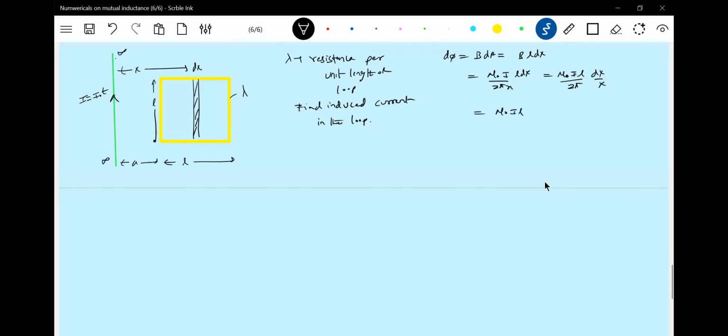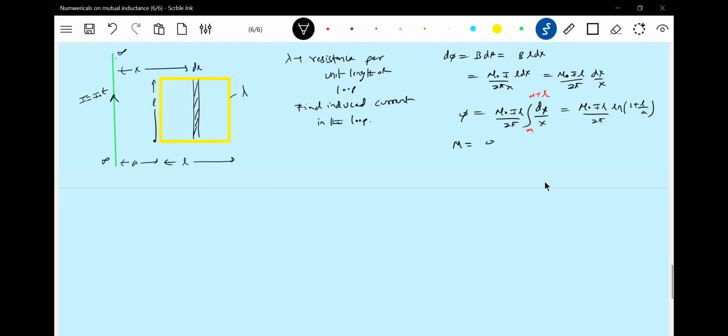The limits will be A to A plus L, giving log of 1 plus L by A. Okay, there's the flux linking.